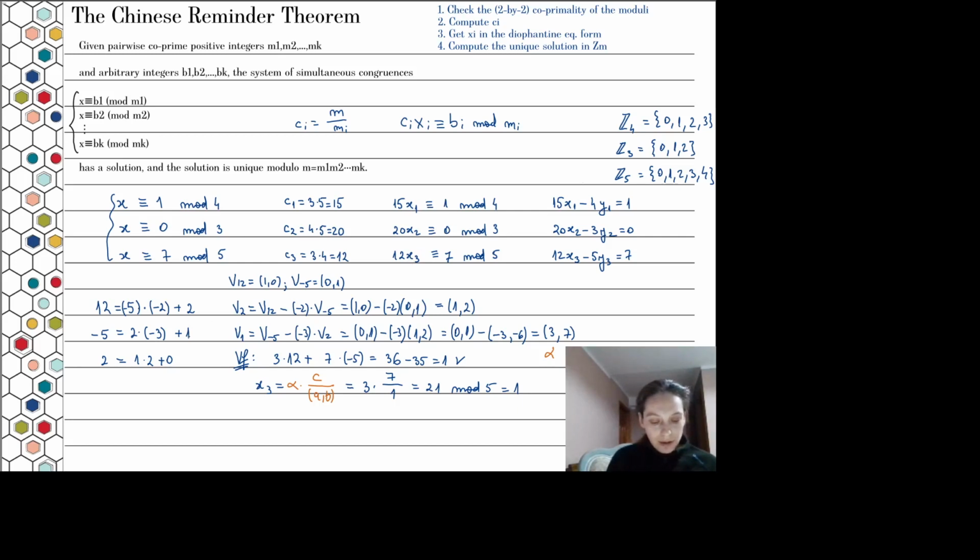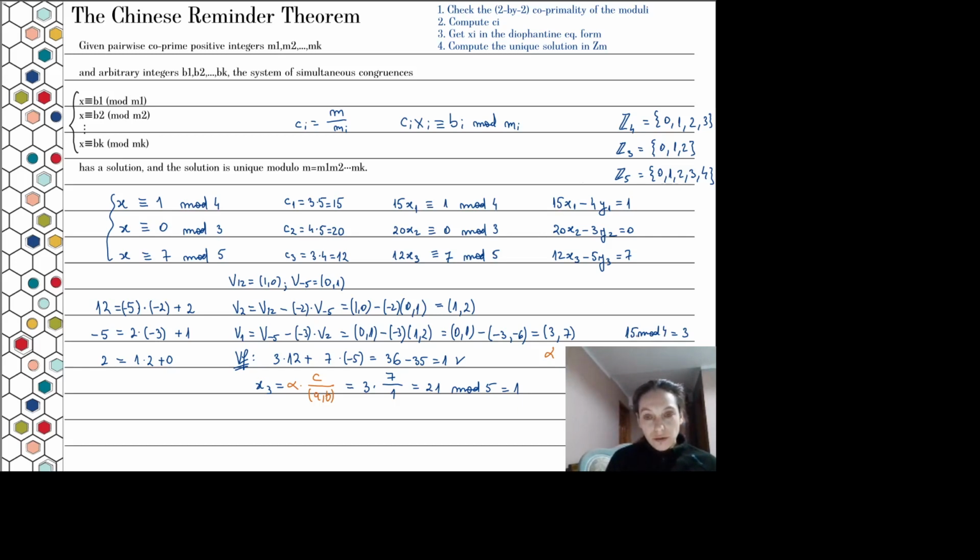So here are the steps which you already know. In the first place we computed the Euclidean algorithm, then the extended Euclidean algorithm, we checked the result, then we computed x, and in our case x3 is 1. Next, we want to find x1. So we have 15 modulo 4.